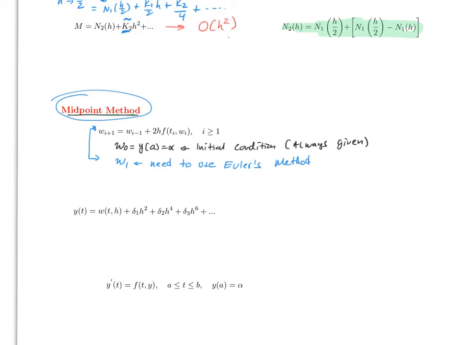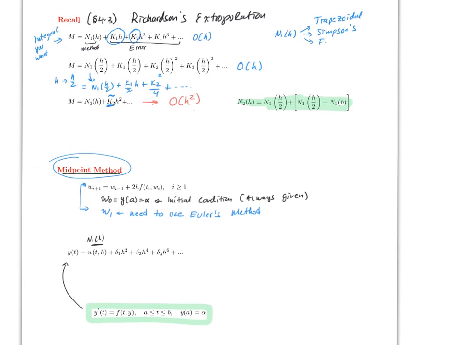And remember, we're still trying to solve this. This hasn't changed. So this is the problem that we want to solve, and obviously y(t) is the solution. So the solution is going to have this form. Notice that this is technically what we were calling N1. So if this is N1(h), this will be the midpoint method, and then this is the error, which is technically the same as this right here.